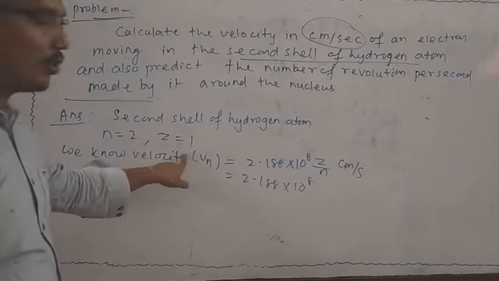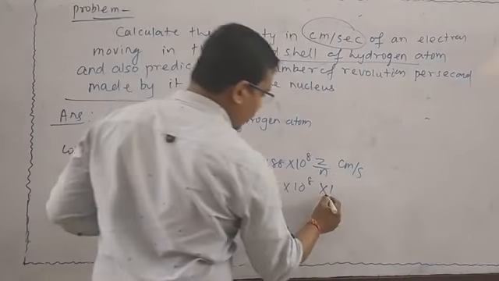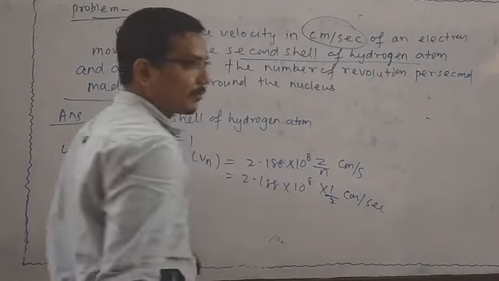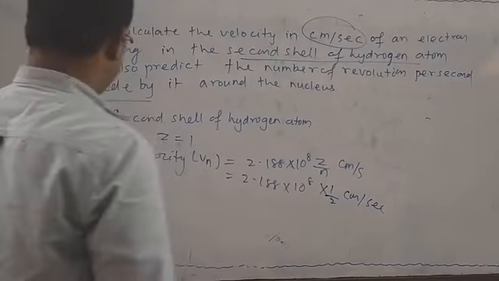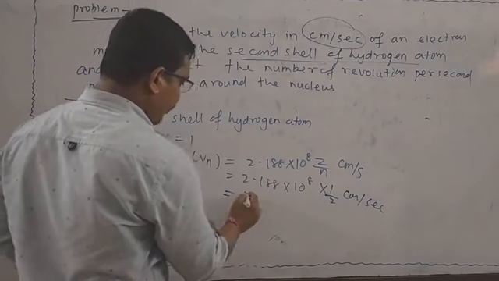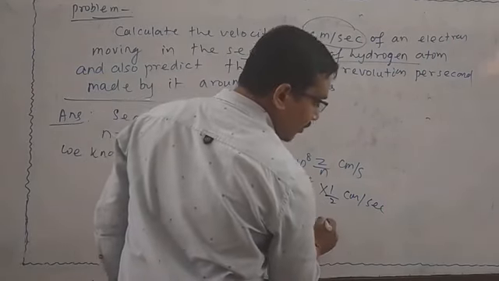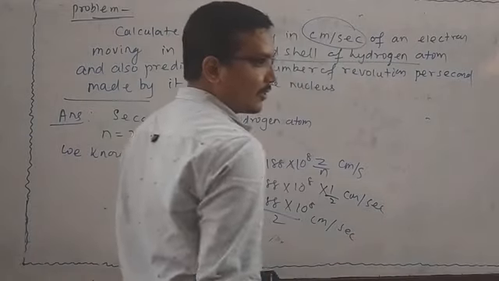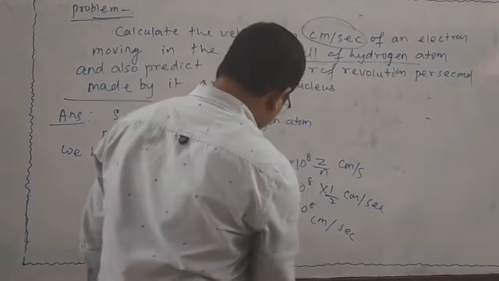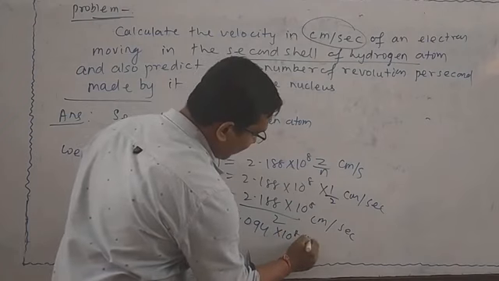Here Z means 1, here N is 2, that is divided by 2, centimeter per second. By calculating this, we find 2.188 into 10 to the power 8 divided by 2 centimeter per second. After calculation, we find out 1.094 into 10 to the power 8 centimeter per second.